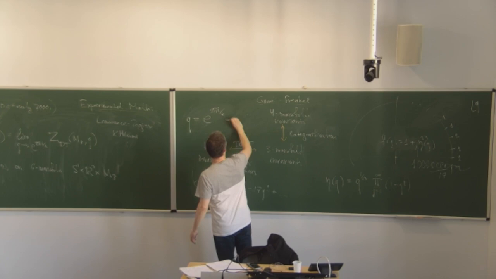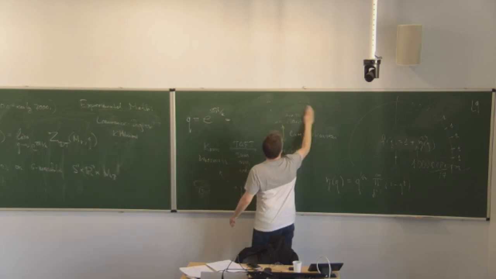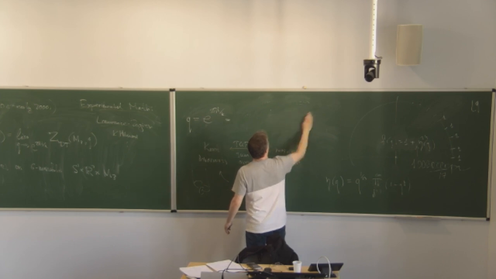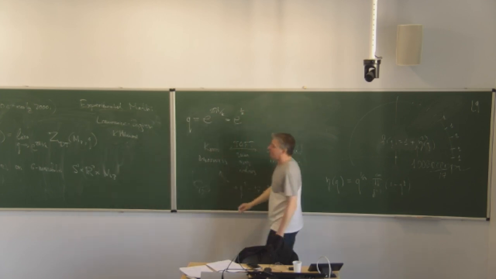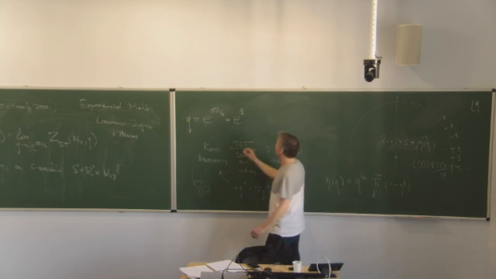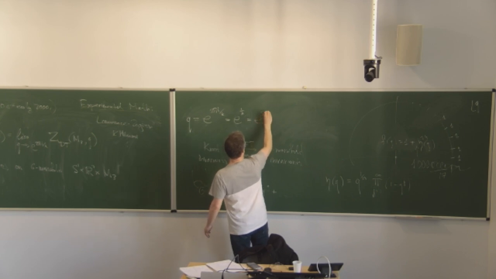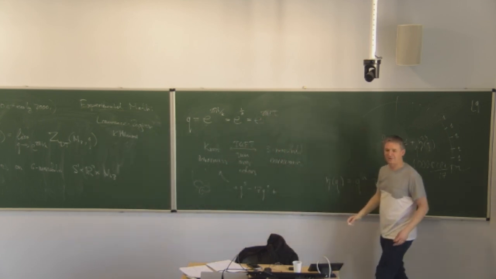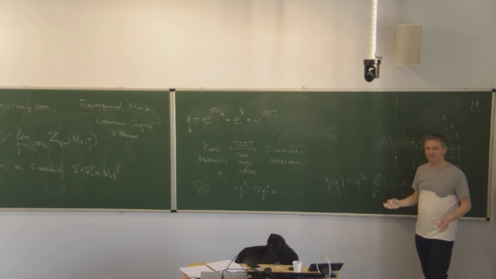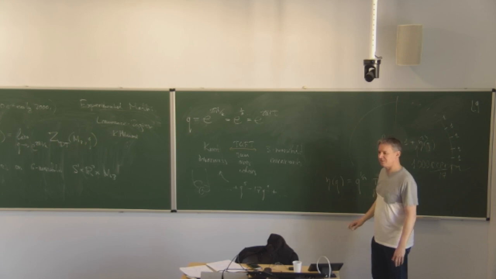But you can also write it as exponential of another complex number h bar, I'll come back to this, or another complex number 2 pi i tau, and the latter is more natural in the theory of various modular forms and modular objects.